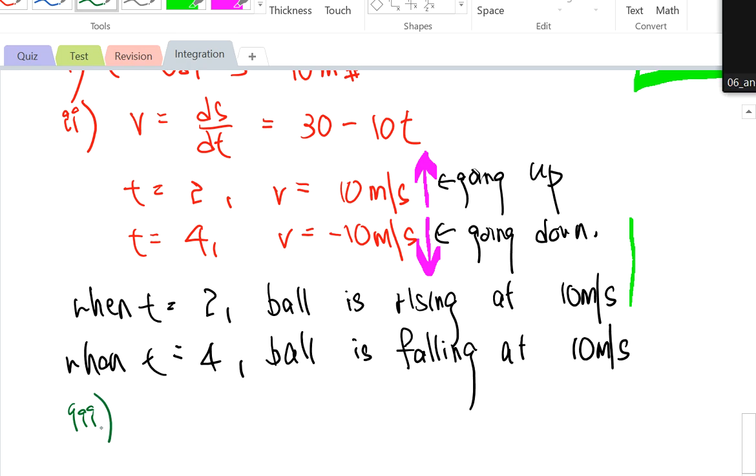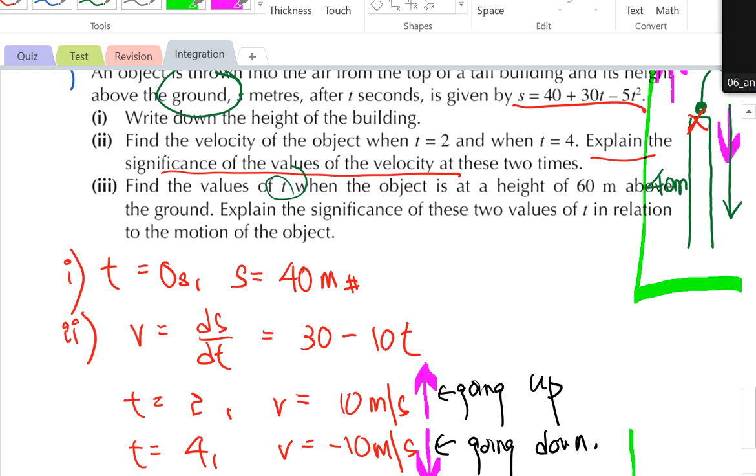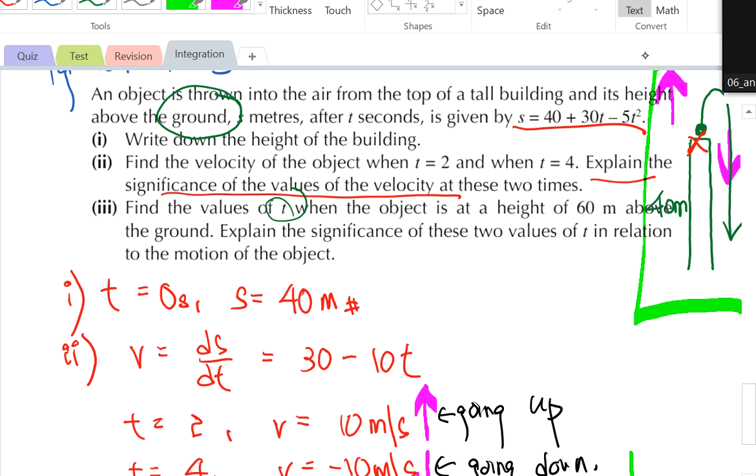Is it change the equation? Again, louder, I can't hear. Not change the equation, but we need to make use of the equation. Remember, this equation is for displacement and it will tell us the height above the ground. So what is the height above the ground right now based on part 3?